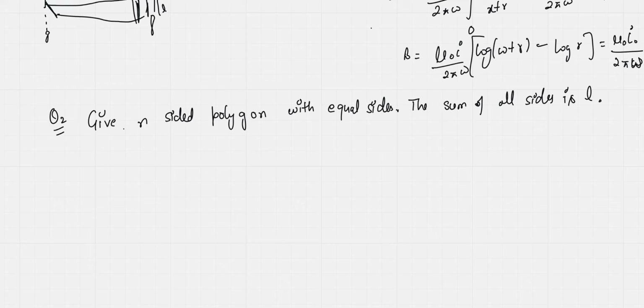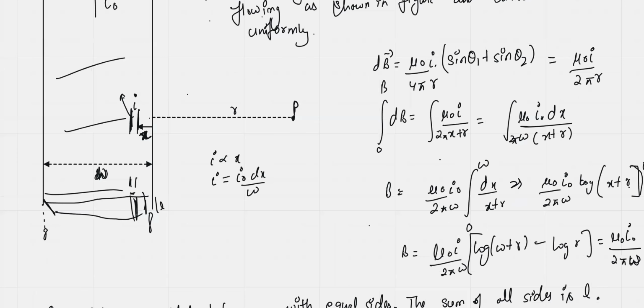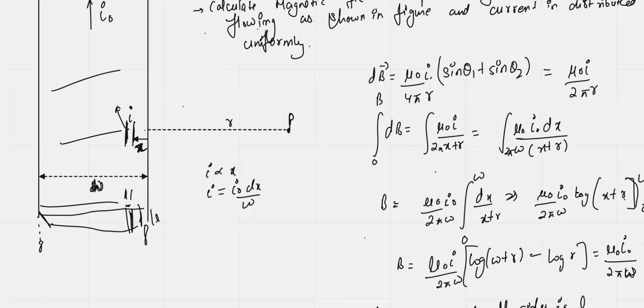And how many sides are given? N sides. We are not given 2, 3, 4, 5, or something. Calculate the magnetic field at the center. So basically, you have to generate a formula in which, if I keep any value of n, I should be getting the answer.